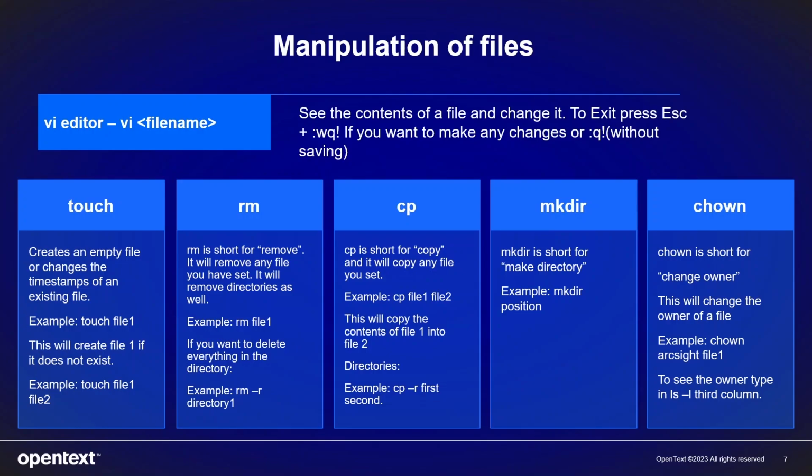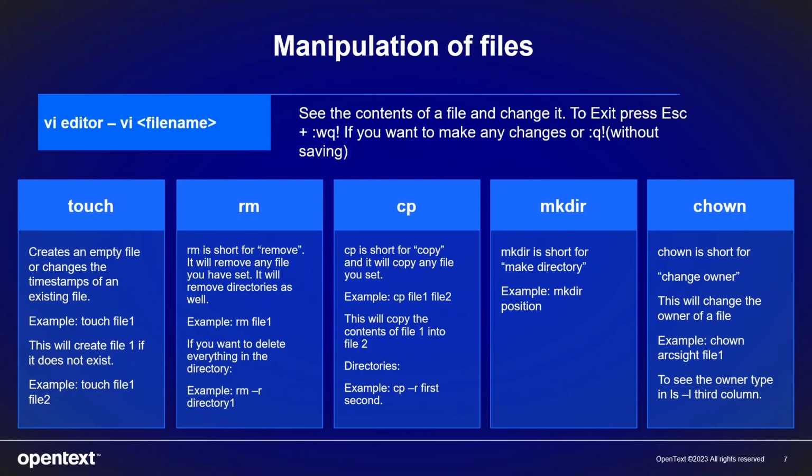If you've modified it accidentally and you don't want to save anything, just use colon Q exclamation mark. If, however, you want to save your modifications, just use a W. So it will be colon WQ exclamation mark, where W stands for write.